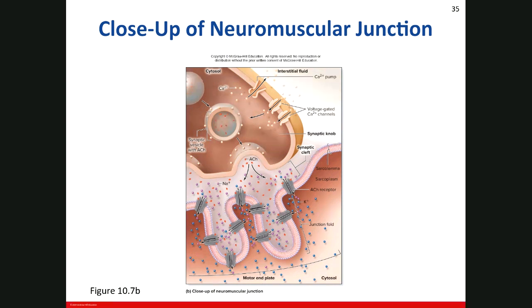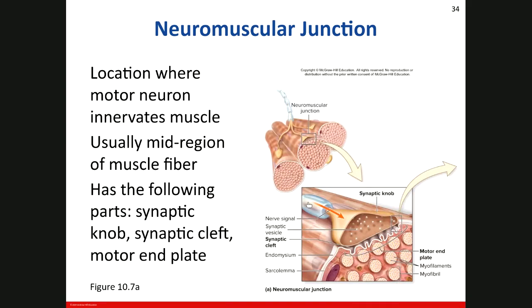This is your axon, and this is the synaptic knob or axon terminal. In our synaptic knob, we have many vesicles, and these vesicles contain neurotransmitter. Then you can see a synaptic cleft here, and after that you have the postsynaptic membrane.